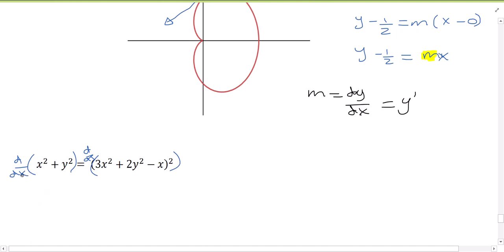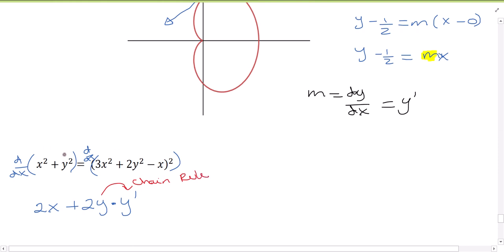Now I'm not going to do everything like I've done in the previous videos. I'm just going to take the derivative as I go. So the derivative with respect to x of x squared is 2x plus the derivative with respect to x of y squared. So that's going to be 2y times y prime, by the chain rule, right? So the chain rule was applied there.